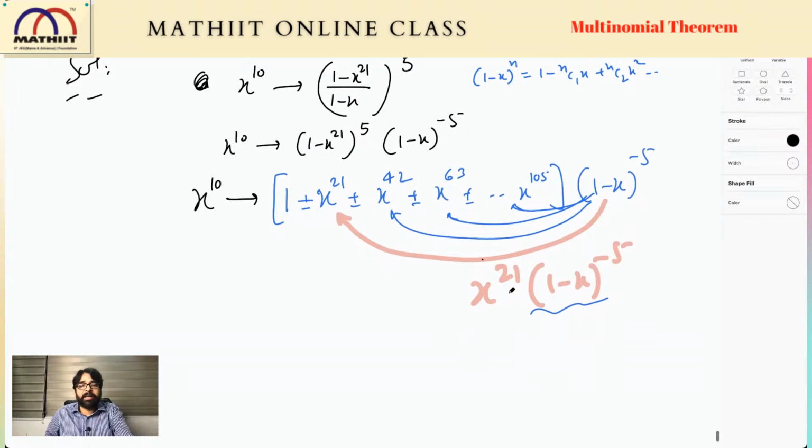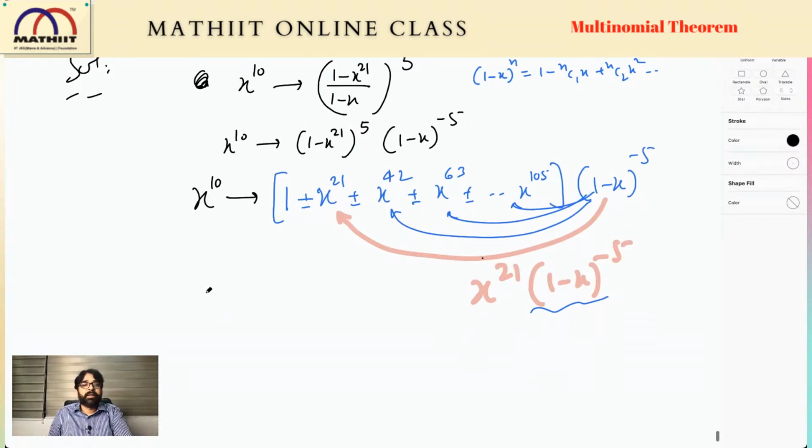So we should multiply with whom? With 1 only, because the first term will be 1. So we'll say the coefficient of x power 10 in 1 minus x power minus 5. Am I right? Now is it clear? Please confirm, everyone. Is it clear?